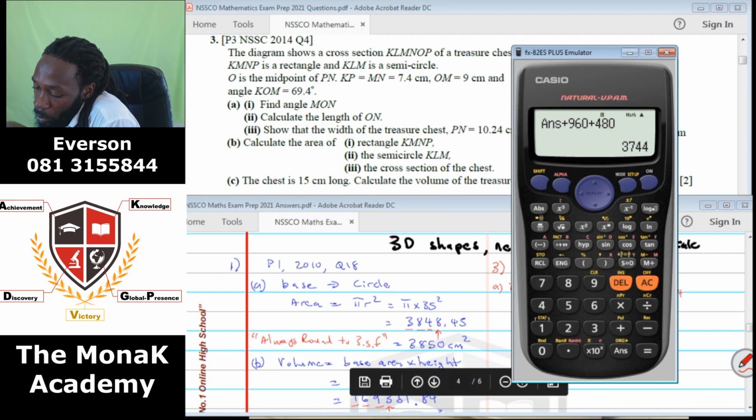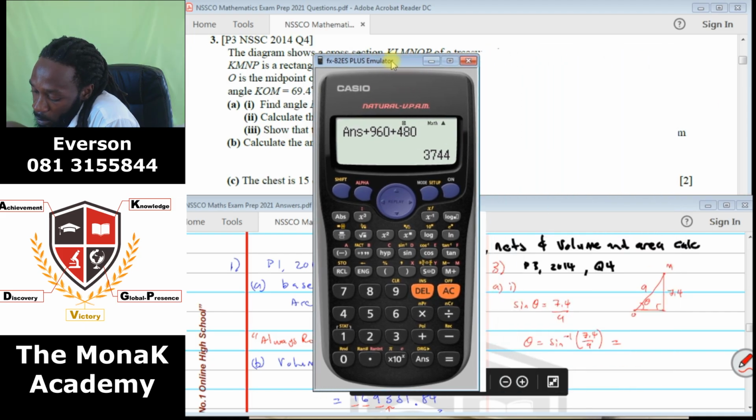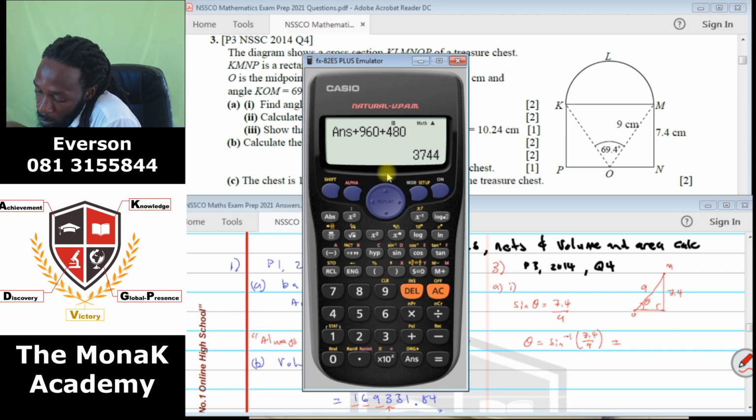So we find shift sine -1 of 7.4 over 9. It's 55.3. With angles, you always round off to 1 decimal place.